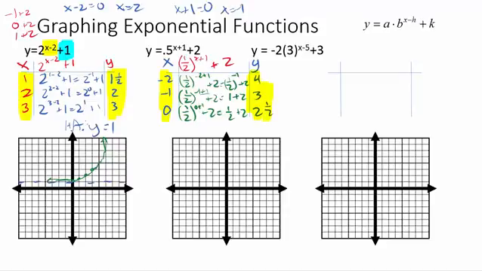And let's do that. So we've got the point -2, 4, which will be up here. And this should be decaying, so this should be going down from left to right. We've got the point -1, 3, which would be right here. And we've got the point 0, 2 and 1/2, which will be right here. Now, our horizontal asymptote, you should be identifying right here at y equals 2.